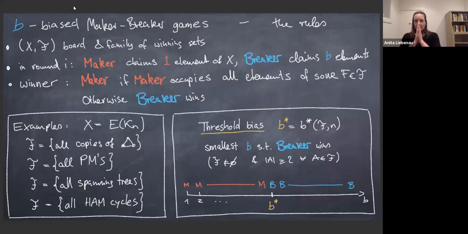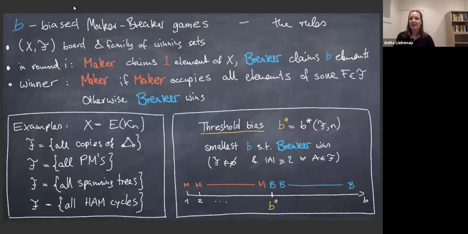Right, and then these games are what's called bias monotone. So if for some B maker wins for that bias, then for any B prime less than B, maker still can use the same winning strategy. So if maker wins for some B, it wins for all smaller B primes, because the additional edges that you would occupy as maker never harm you in claiming some winning set.